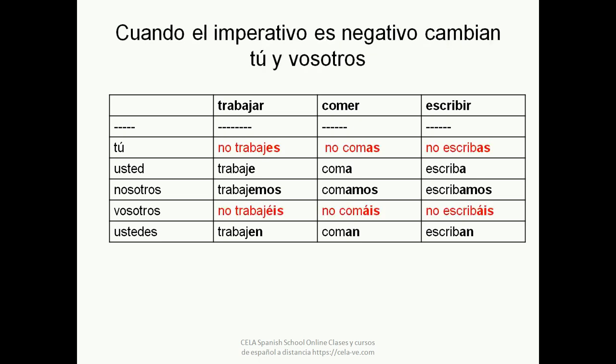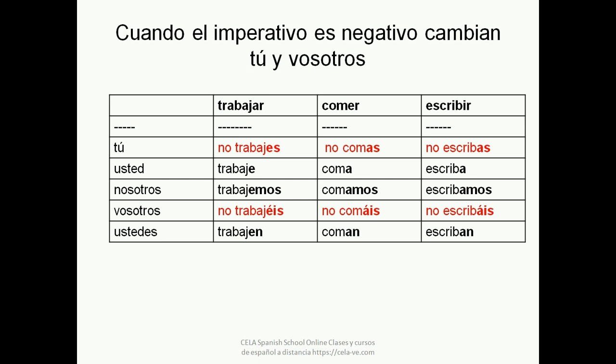When the imperative is negative, the person tú and vosotros change in the following way. Tú trabaja becomes no trabajes. Vosotros trabajad becomes no trabajéis. Tú come becomes no comas.